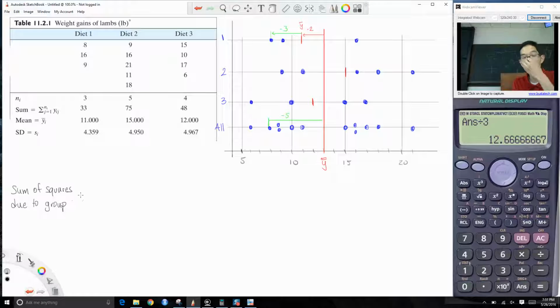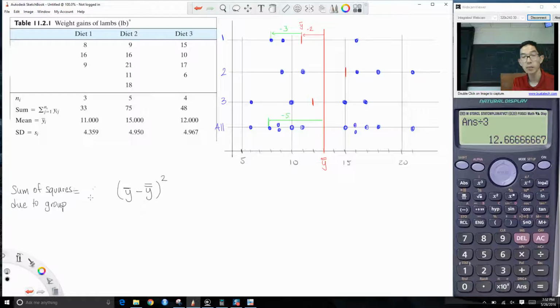Basically, the fact that the group is different from the grand mean. This data point of 8 had a group mean of 11. So we're going to take the difference between the group mean and the grand mean, and square this difference.